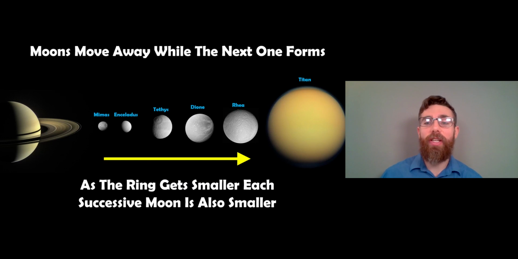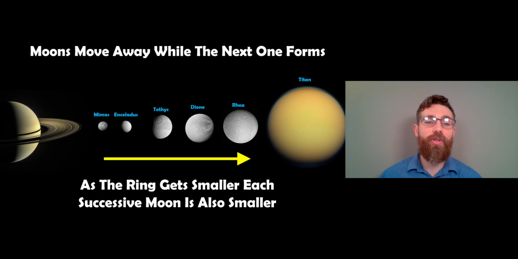And if you look at the architecture of the moon system around Saturn, the further away the moons are, the larger they are. So it's a rough approximation on their sizes here, comparison. Closer to Saturn's rings, they get smaller. Now, the reason for that is each time a moon forms at the edge and then moves away, the ring gets smaller. So there's less material in the ring to grow a moon.